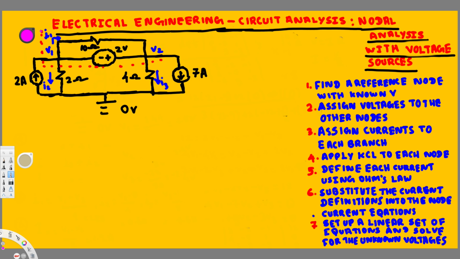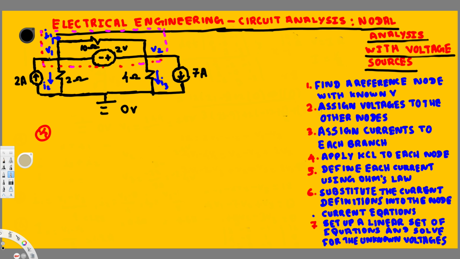Let's choose a different color. Right, so we are going to apply Kirchhoff's law to this supernode. Whatever current enters this supernode must exit. From that we can create an equation. So this is the first step, right?